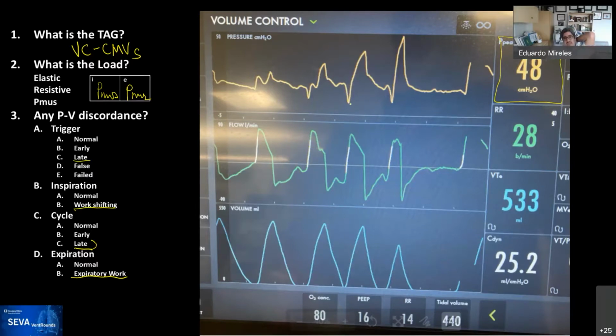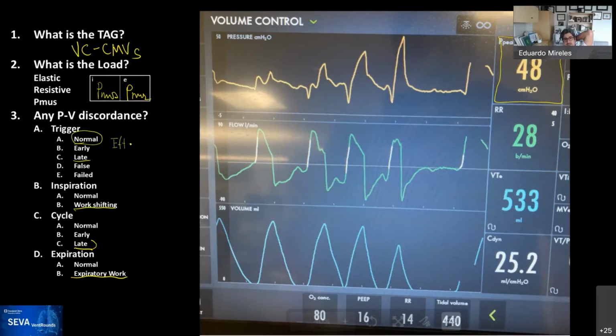That's important, at least when you're doing research. If you're just looking at the pressure waveform and reading it from how it looks, it may be an inappropriate read, because the patient may have triggered the ventilator but is doing too much effort, like what you see here. In those cases the trigger continues to be normal, but there is evidence of increased effort.